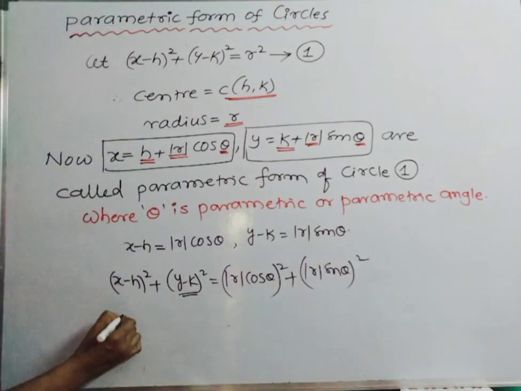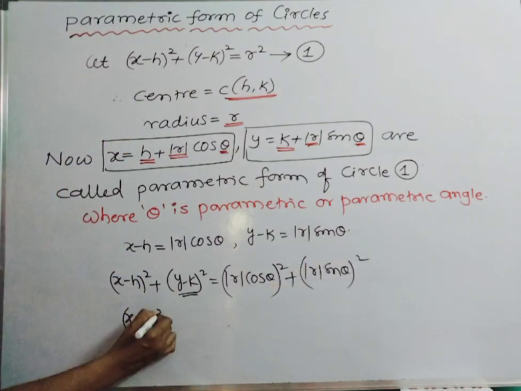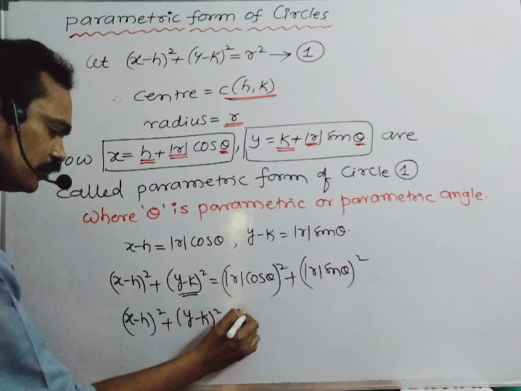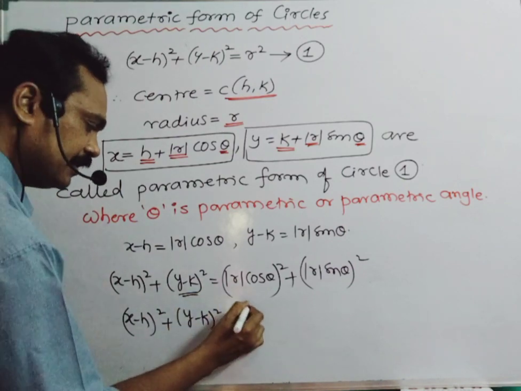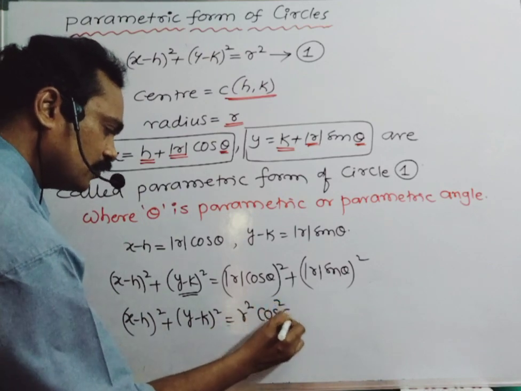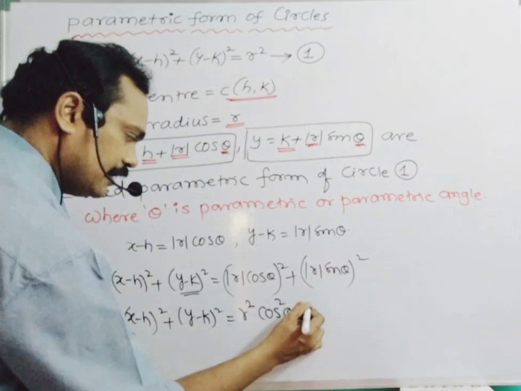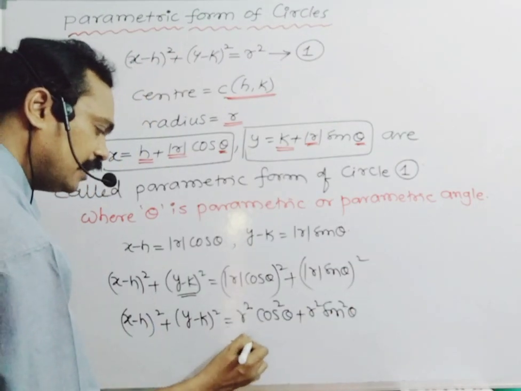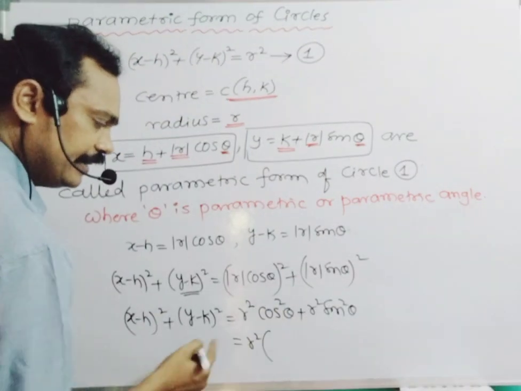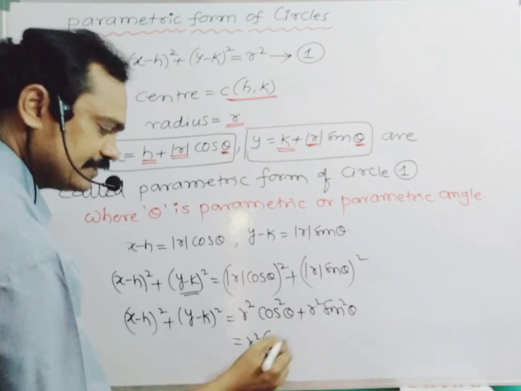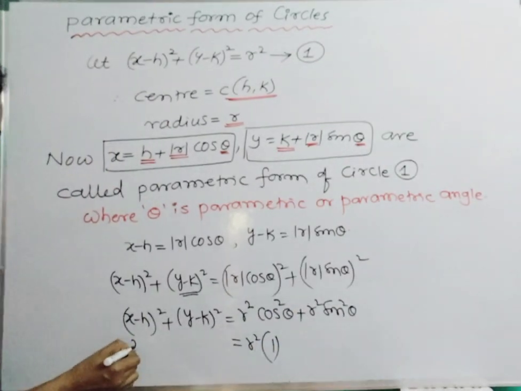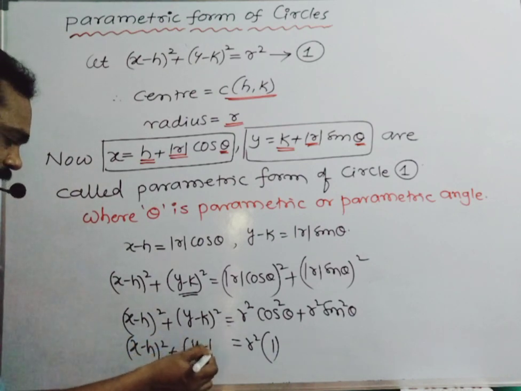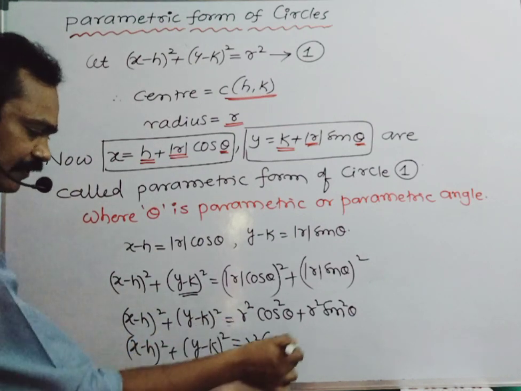So x minus h whole square plus y minus k whole square equals modulus of r square, which is nothing but r square only, cos square theta, plus r square sin square theta. I have taken r square common, here remains cos square theta plus sin square theta, which is 1. So x minus h whole square plus y minus k whole square equals r square.